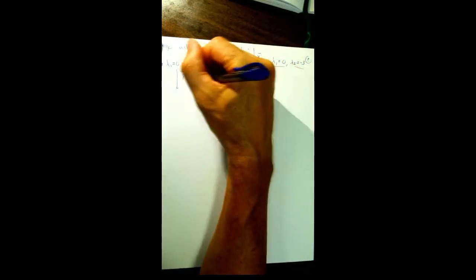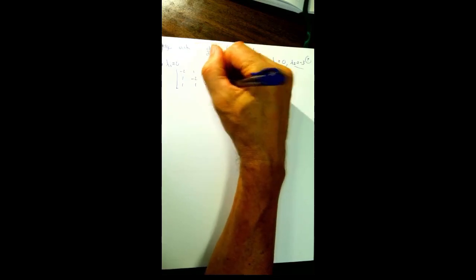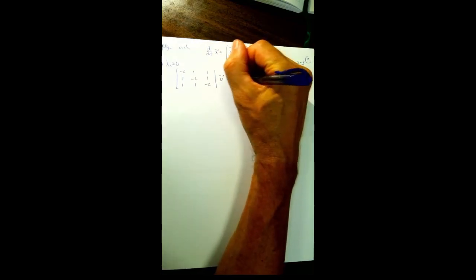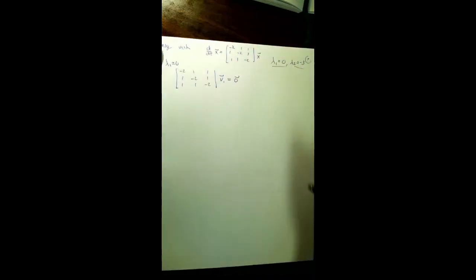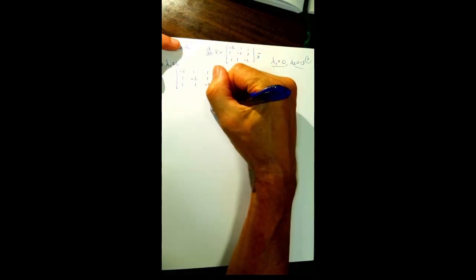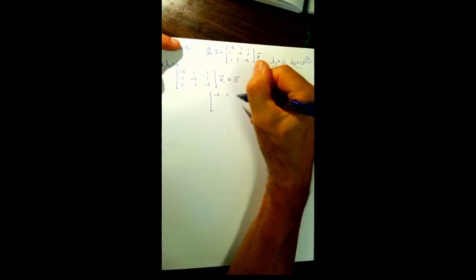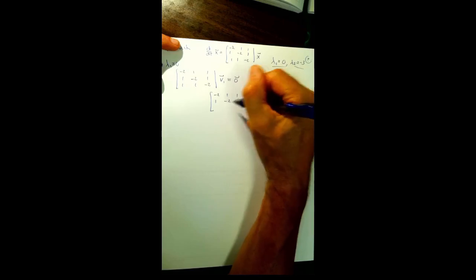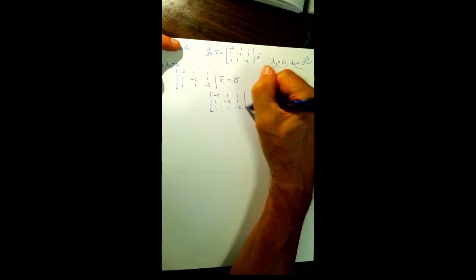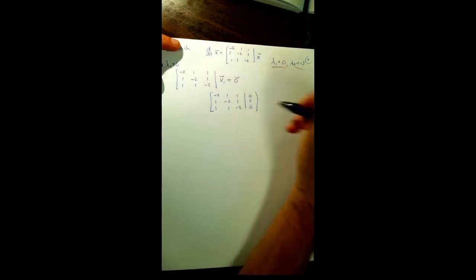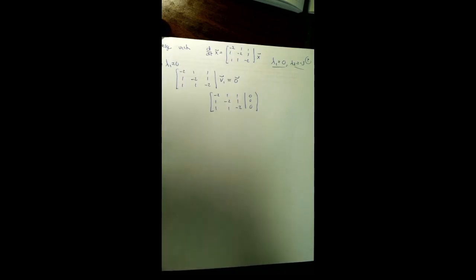So let's see, if lambda 1 is 0, I'm going to subtract 0 from each diagonal. So I'm going to get that, which means for my augmented matrix, I want to put this in reduced row echelon form.